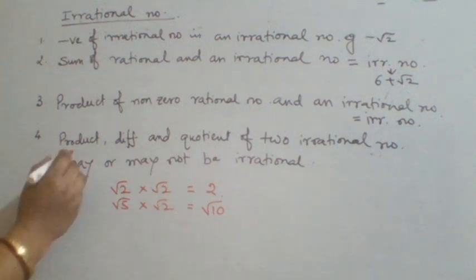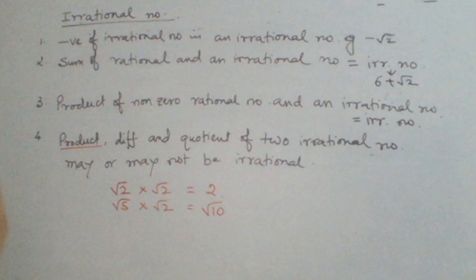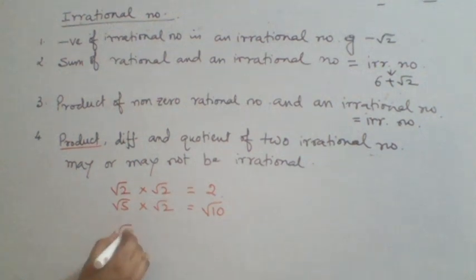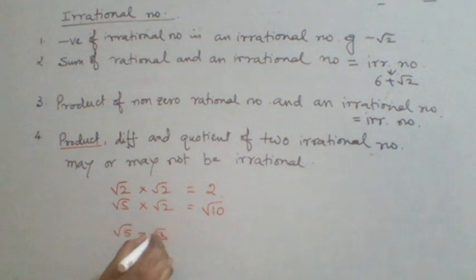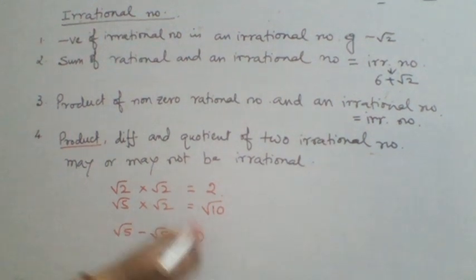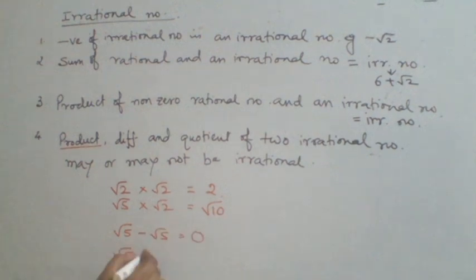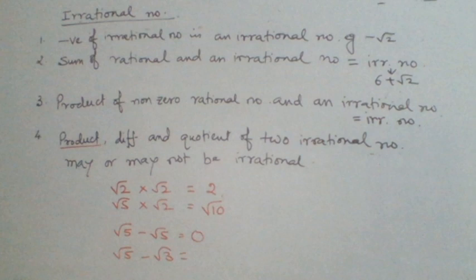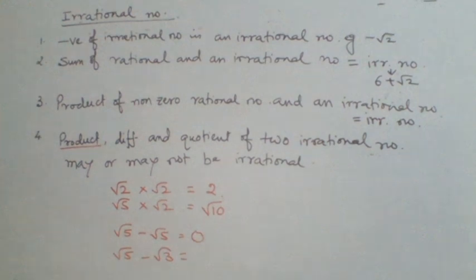So we have talked about the product. Now if you take the difference, say again root 5 minus root 5, the difference of two irrational numbers, you get 0. This is a rational number. But if you take the difference of say root 5 minus root 3, is it equal to root 2? Exercise 1.3 question number 2, I will note it down and we will discuss it.